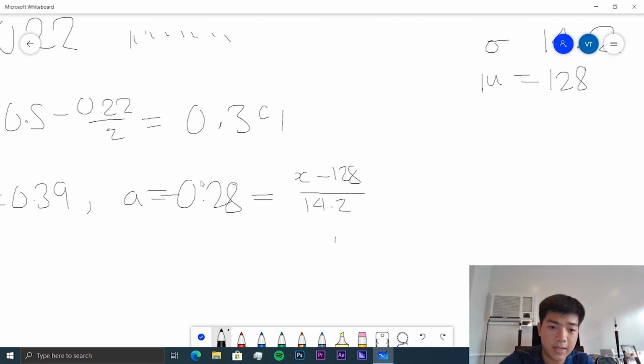So if we solve this, we get a equal to 124.